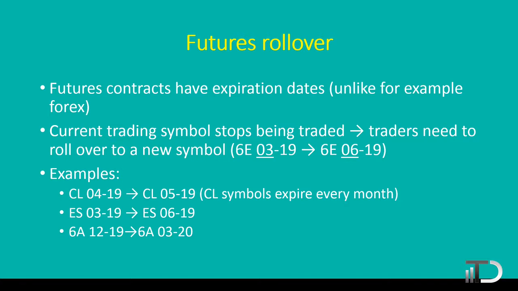So for example, this symbol is a symbol for futures on the euro, which have an expiration date in March 2019. And on the 14th or 15th of March, this instrument expires and you can't trade it. And traders shift to a new instrument, which is this one.